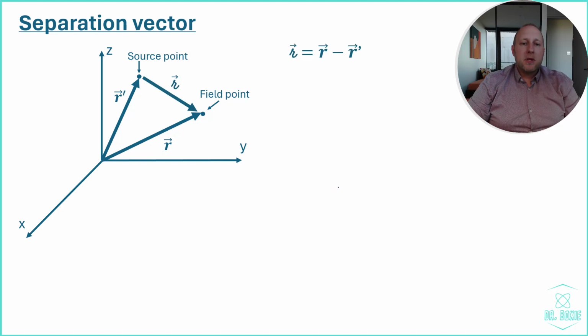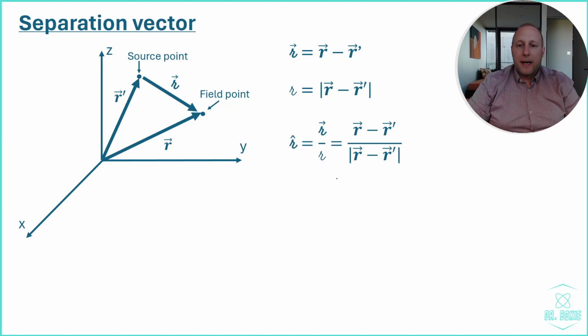The vector that goes from the source to the field is r minus r prime. In this course, we will denote it as curly r. The magnitude of curly r is the magnitude of r minus r prime, and the unit vector pointing in the direction of curly r is the vector curly r divided by its magnitude.